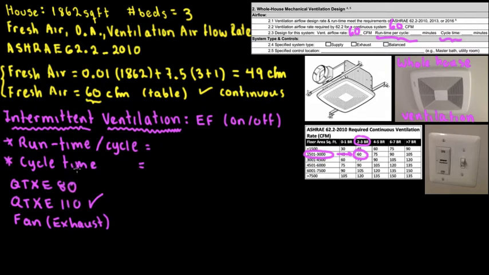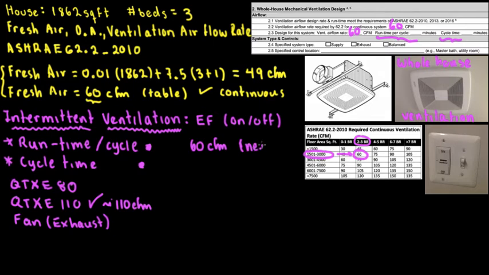How do we calculate the cycle time, and how do we calculate the runtime per cycle? The calculation is not that complicated. The QTXE 110 is going to provide 110 CFM, and you need 60 CFM. In order to calculate how much time the fan is going to be running, you need 60 CFM.